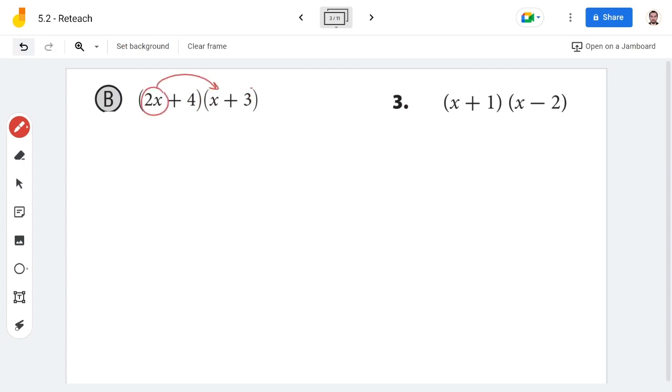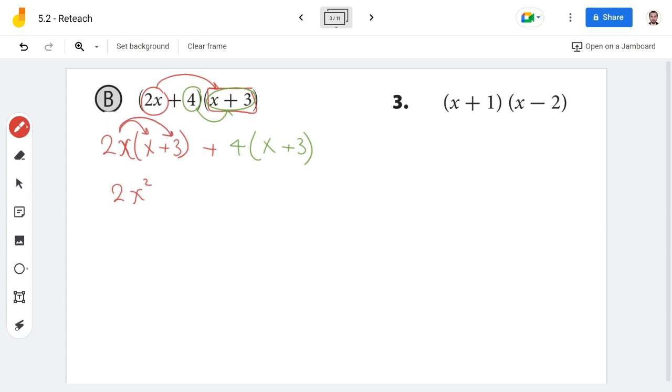If we multiply 2x with the whole thing, 2x multiplied by x plus 3, plus now 4 multiplied by x plus 3. So now this is the question. Let's simplify. 2x times x means 2x squared.